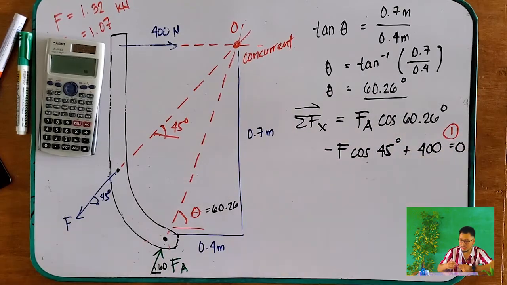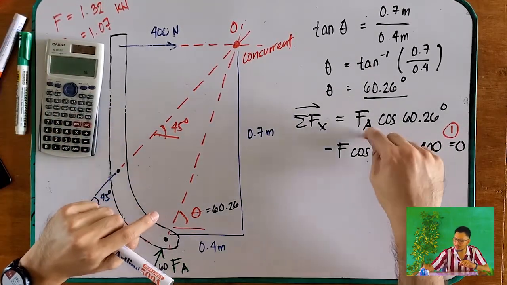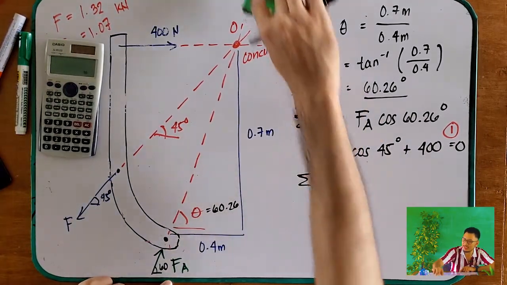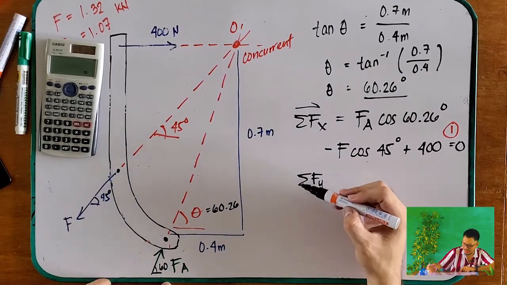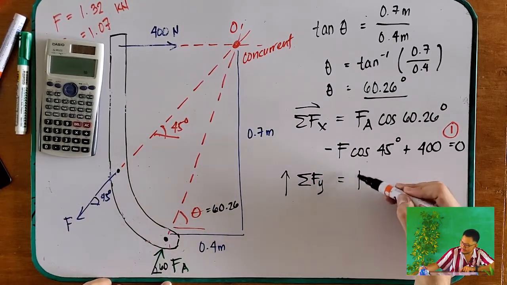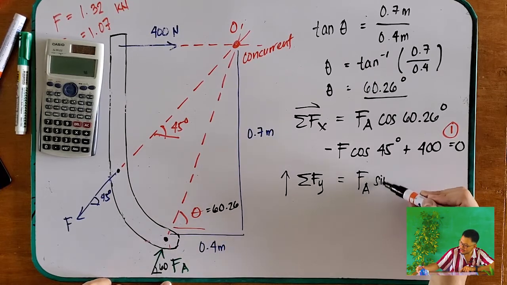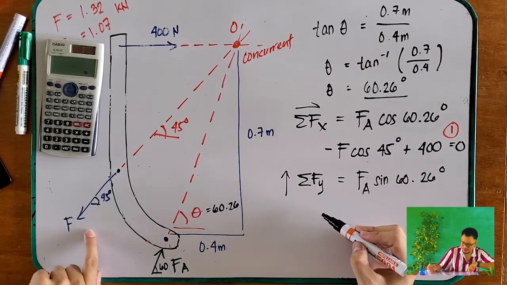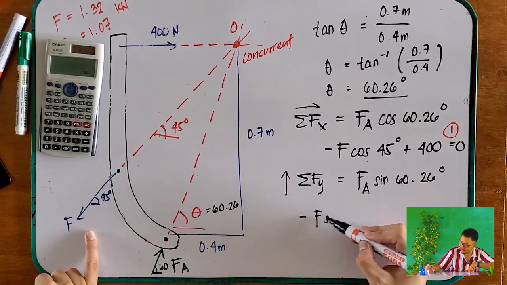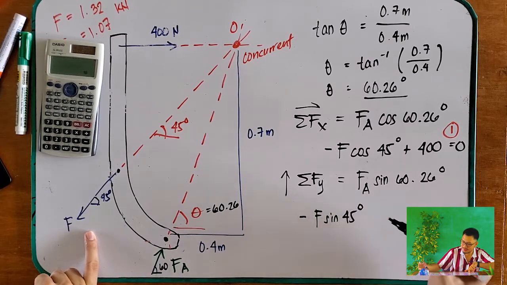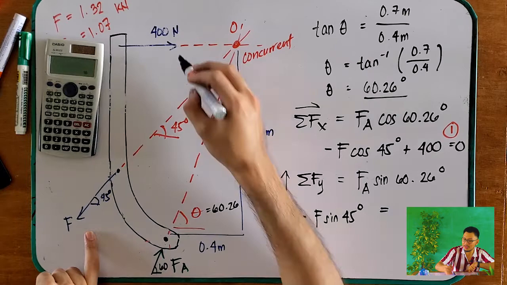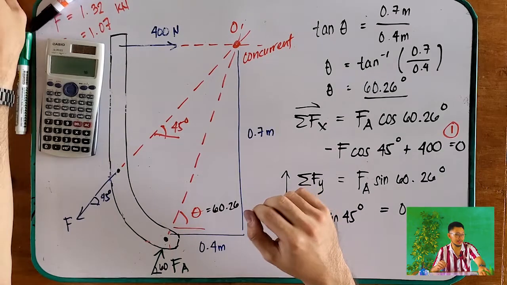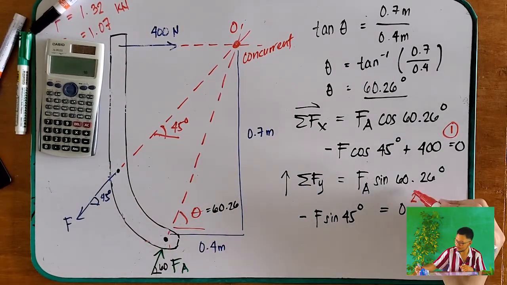Equation number 1. You can't answer this one directly because you have two unknowns. So you still have another equation, the summation of forces along the y. Let's say this is going up. So FA sine of 60.26 degrees minus F sine of 45 degrees, and we don't have 400 because that is horizontal, equals 0. And this is your equation number 2.